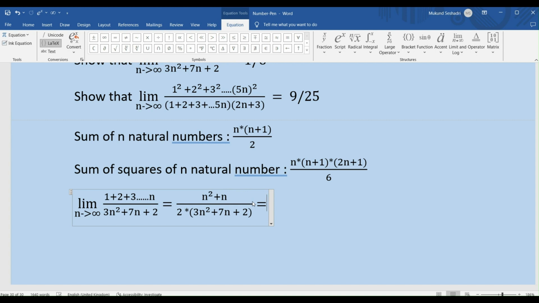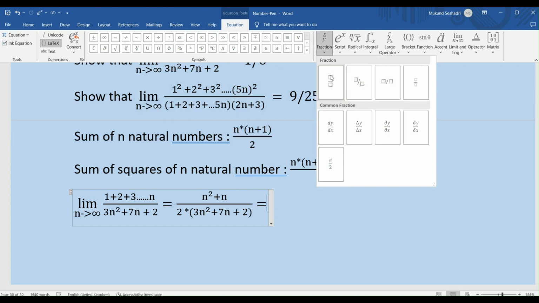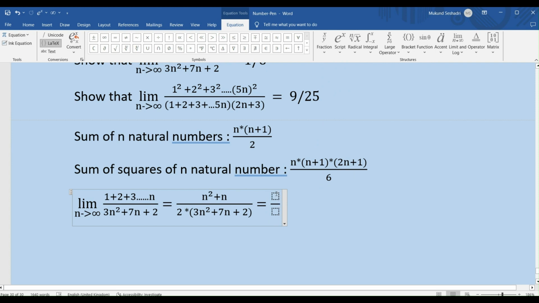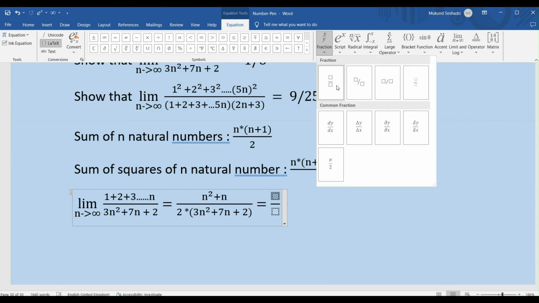Let us observe the degree of the polynomial in the denominator, which is 3n square plus 7n plus 2. And the degree of the polynomial is 2, which means we will divide this expression by n square on the numerator and the denominator and see what happens to this. So I'm going to copy this further.